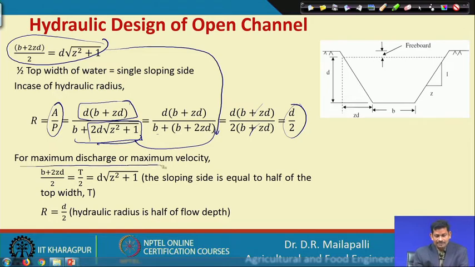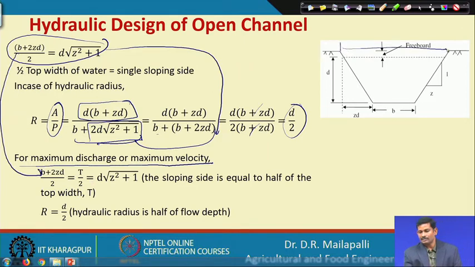So, for maximum discharge or maximum velocity, you get (b plus 2zD) by 2, which is the top width. So, top width is this side plus this side.